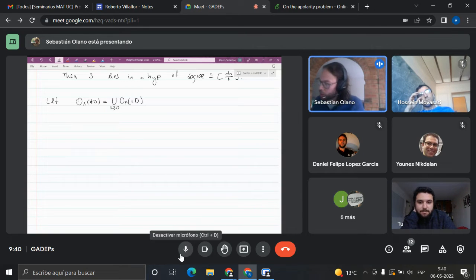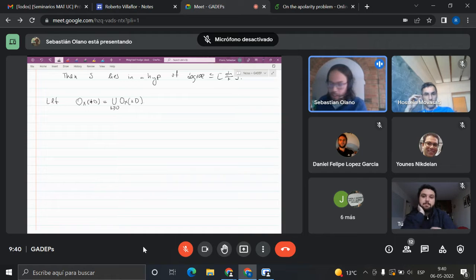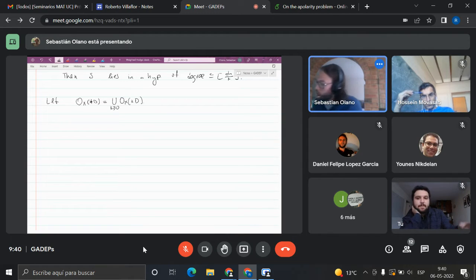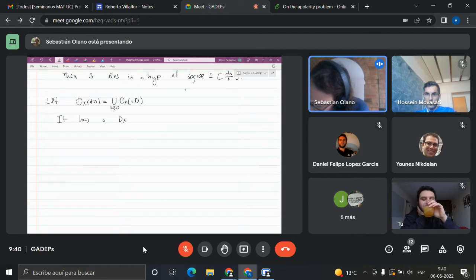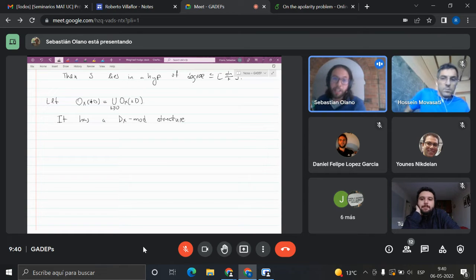Okay, so this is the sheaf of meromorphic functions with poles along D, right? And the key point is that it has a D-module structure. So this is one of the first interesting D-modules. It's like the localization along a divisor.